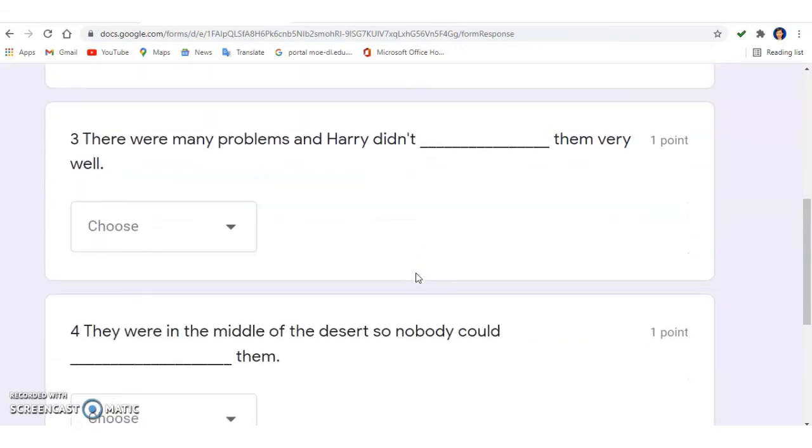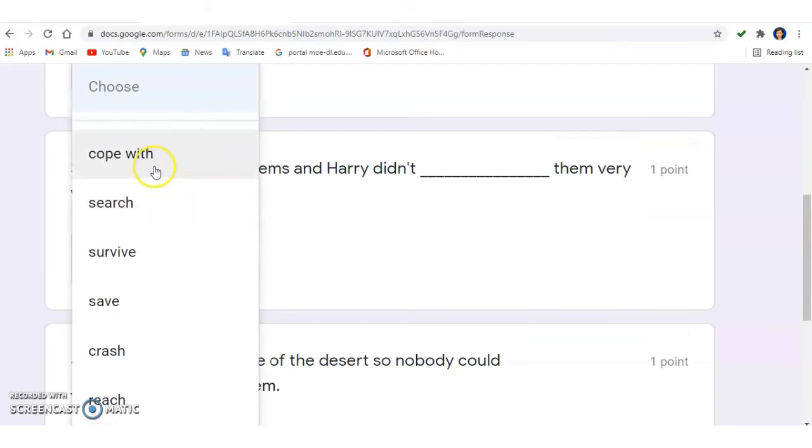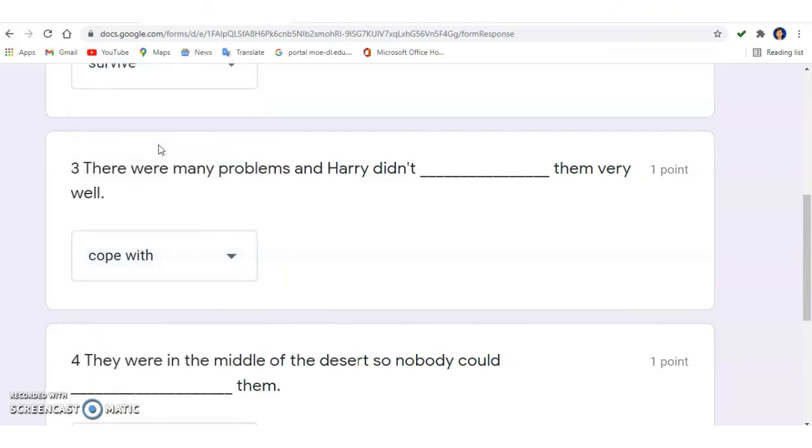Number 3. There were many problems and Harry didn't blank them very well. What should you do with problems? Do you cope with problems, search, survive, save, crash, or reach? Of course, you have to cope with problems.